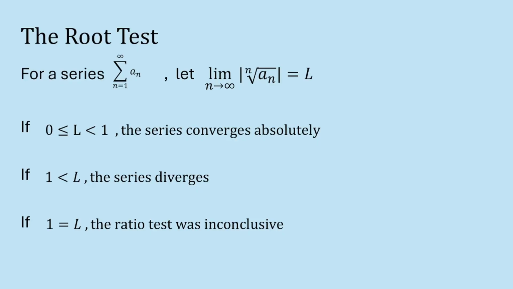For any series, let the limit as n approaches infinity of the absolute value of the nth root of a sub n equal L. And it follows the exact same conditions as the previous ratio test. And so when you see a sequence to a power of n, automatically you should know to use the root test, because taking the nth root is going to simplify your sequence quite nicely.